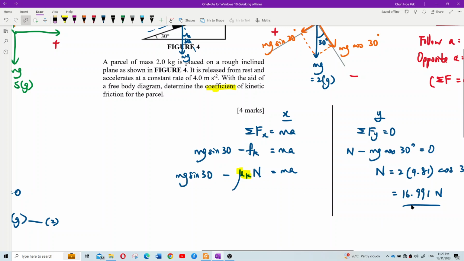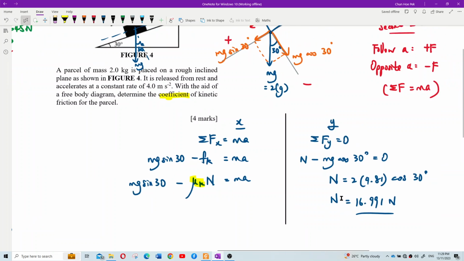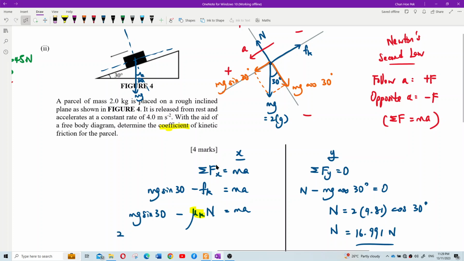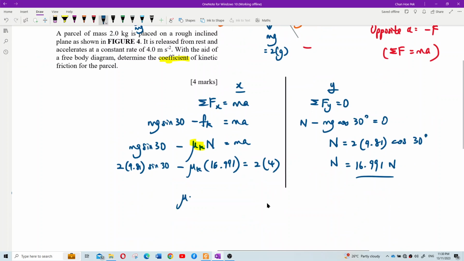I got the normal force just now from the y component. m is 2, so 2 times 9.81 sin 30 minus mu k times the normal force 16.991, equal to m, which is 2, times acceleration 4. Accelerating at a constant rate of 4. Then I can find my mu k.